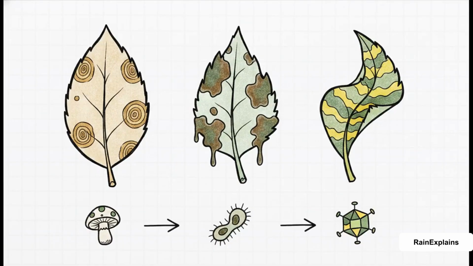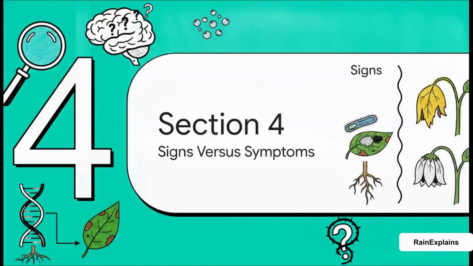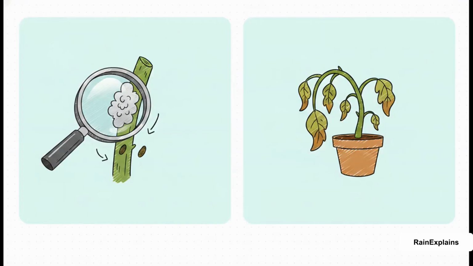They cause these slimy, smelly, water-soaked spots with no real defined border. And viruses, they literally hijack the plant's cellular genetics. This results in weird colored streaks, twisted growth, and mosaic patterns. They are, for sure, the ultimate botanical hackers. Which takes us right into Section 4, signs versus symptoms. Let's dig a bit deeper into the physical evidence and decode the critical difference between signs and symptoms.